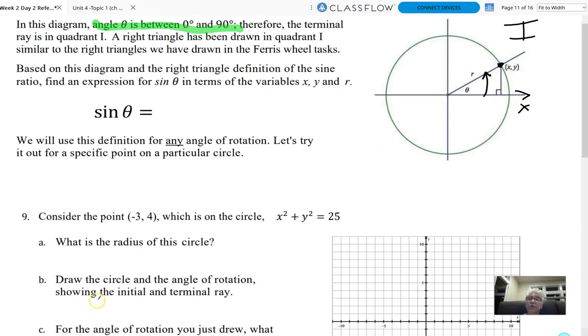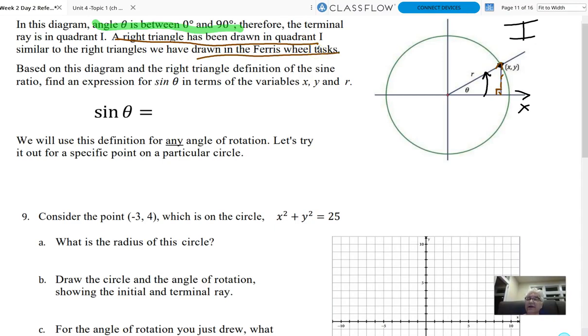As we told you before, you're going to drop a line. When you drop a line, your right triangle is formed. A right triangle has been drawn in quadrant 1, just like we drew triangles on our Ferris wheel tasks.